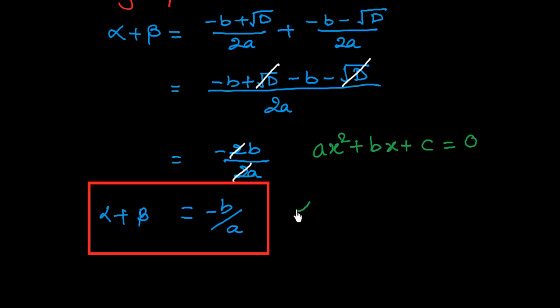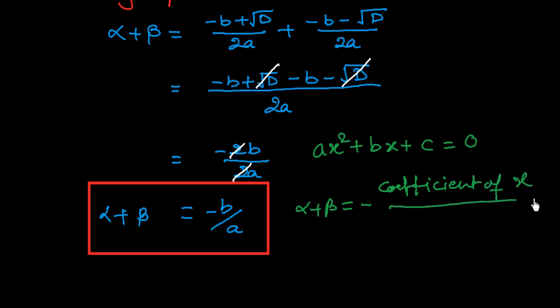So we could write that alpha plus beta is equal to negative of the ratio of the coefficient of x over a, which is the coefficient of x square. So in this way, the sum of the roots is equal to the negative ratio of the coefficient of x and the coefficient of x square.